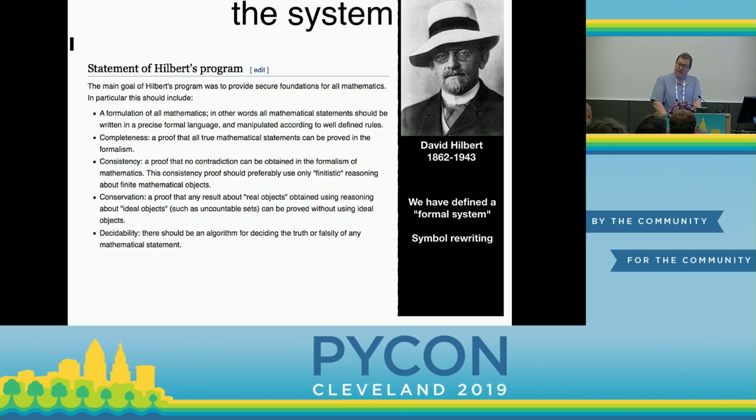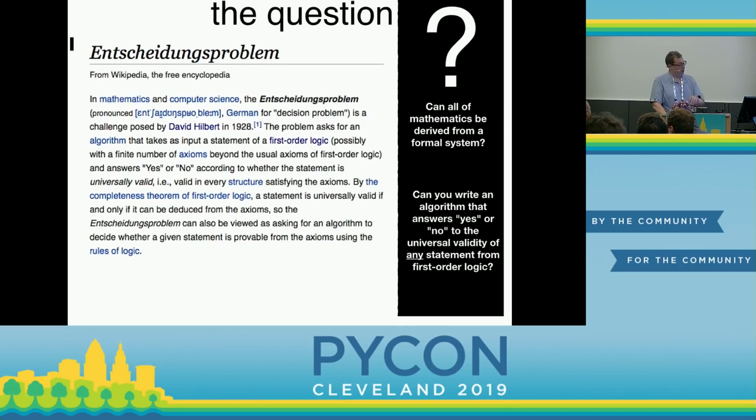There's a whole lot of stuff that came out of that work. One question that got posed is: can all of math be derived from a formal system? If you had a statement from first order logic, could you write an algorithm that would just tell you yes or no whether that statement was true or not?